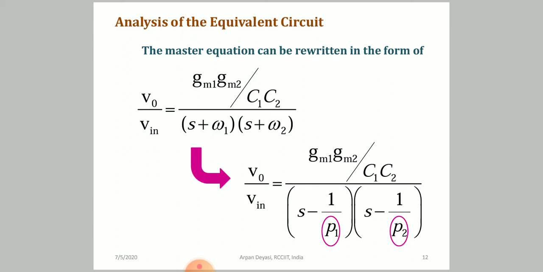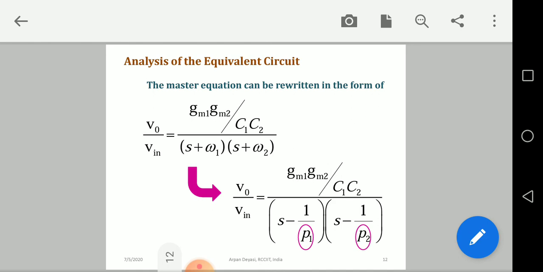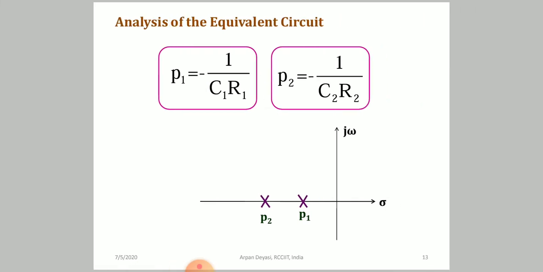And everybody knows it, that omega is nothing but minus 1 by p. So it's very simple that getting the value of omega, it's 1 by p, everybody, we know it. So what will be p1, p2? Naturally, if we substitute in the equation, then p1 is simple, minus 1 by c1 r1, and p2 is minus 1 by c2 r2.